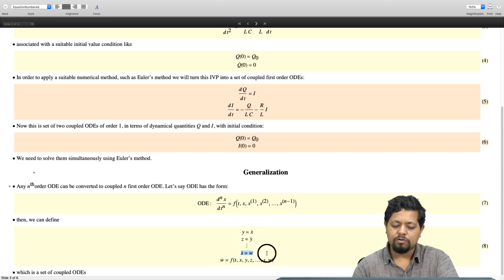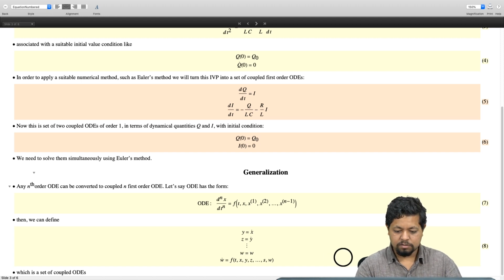I can write s dot equal to w, where w is the n minus 1th derivative of x.